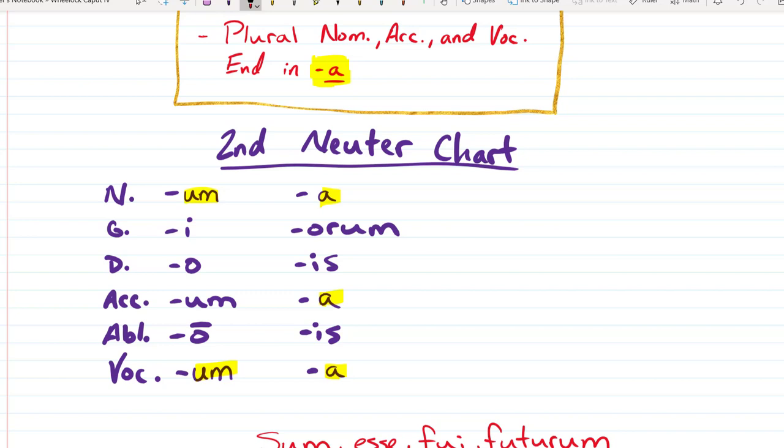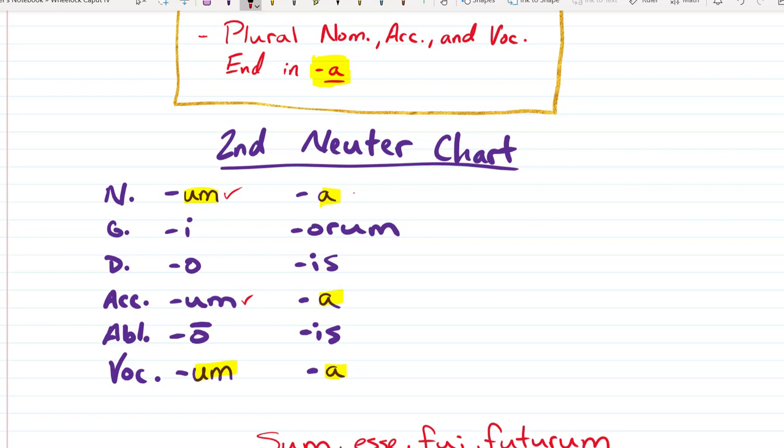Really, these are the only endings, and this is an important instance of knowing the gender of your words and knowing the declension of those words, so that you can effectively use the right chart, and so that you know that an -a here, if a word is neuter, could be your nominative form. It's not just your accusative.